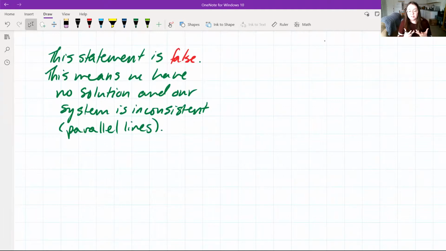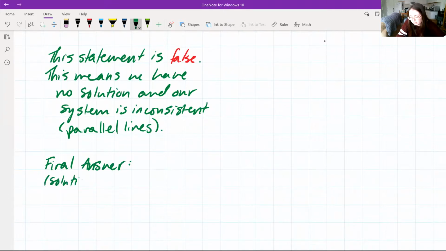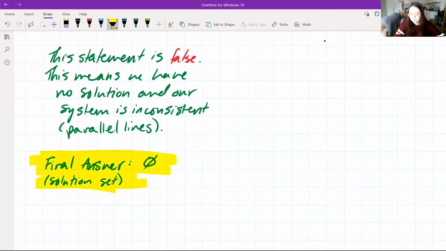So since we've established that our statement is false, we would just stop at step 3. We say the statement is false, there's no solution, our system is inconsistent, which means we have parallel lines. So this just tells us that our final answer, or our solution set, is just the empty set. Since there is no solution, we write out the empty set.